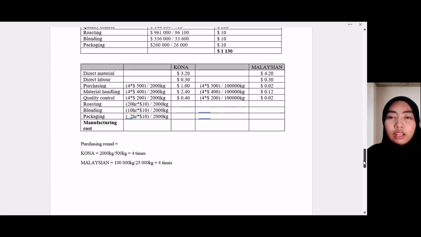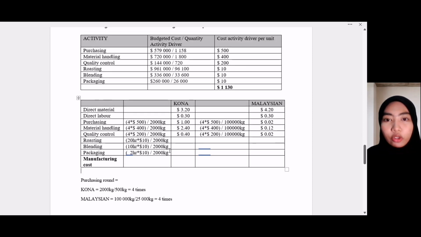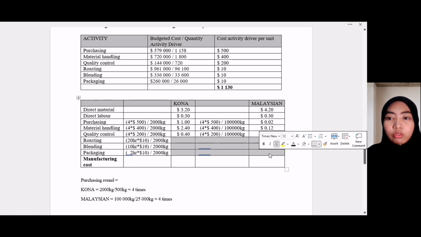And after we know the time consumed, we need to multiply by the cost activity driver per unit. Okay, for the roasting, blending, and packaging, all of this consumes $10 per hour. After we get the answer, we divide by the budgeted sales to know the cost of 1 kilogram. So we get like this.